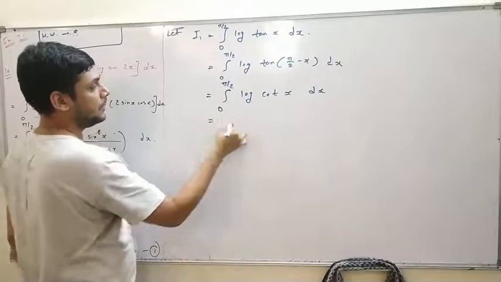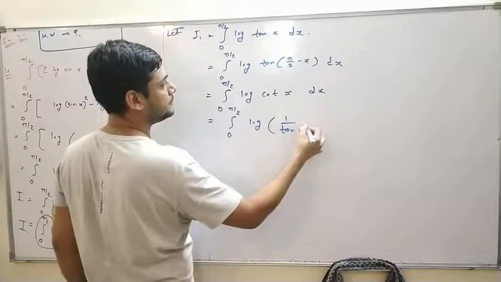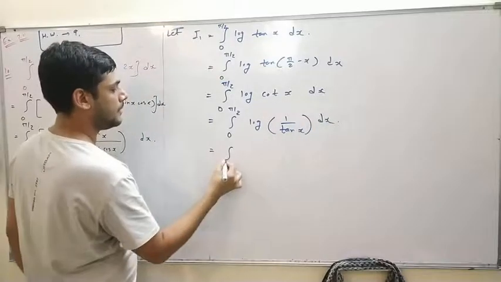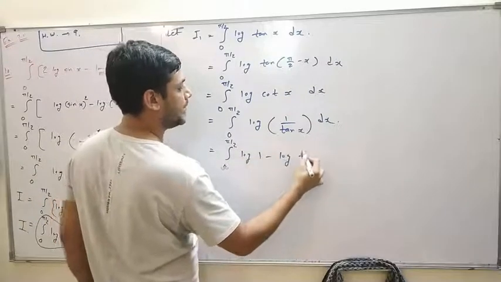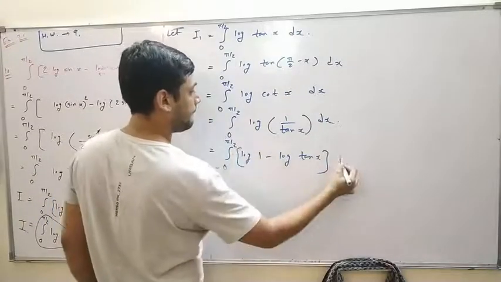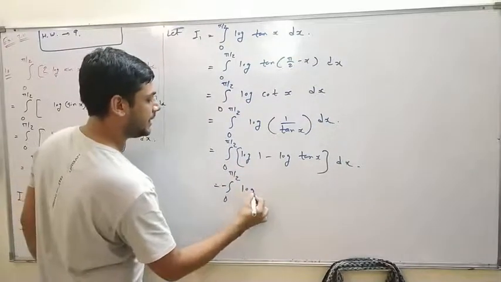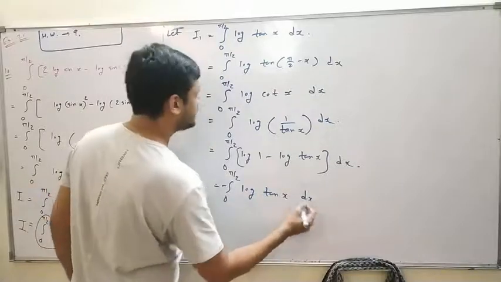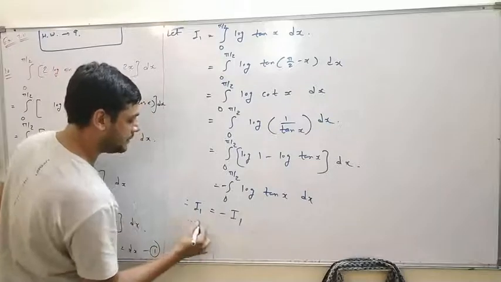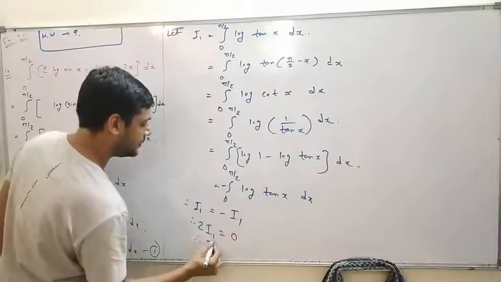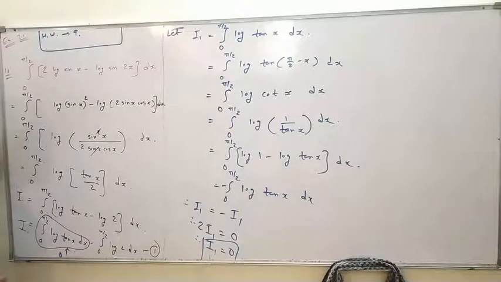Cot x means we can write 1 upon tan x. Inside the log, division means log 1 minus log tan x. Log 1 is 0, so that is minus integral of log tan x dx. Log tan x dx is the same as I1, so I1 is equal to minus I1. So 2I1 is equal to 0, so I1 is 0. Means in this equation the value of this term is 0.